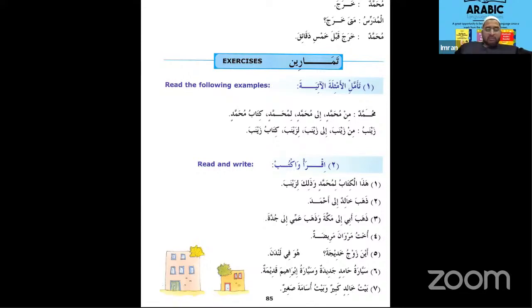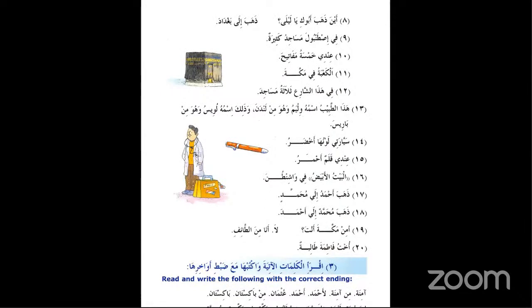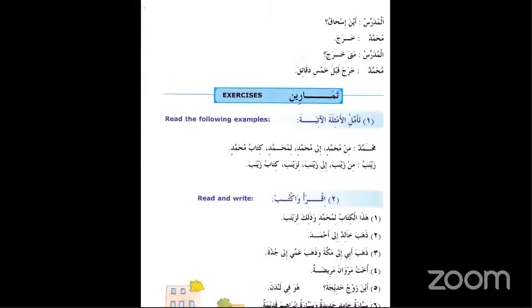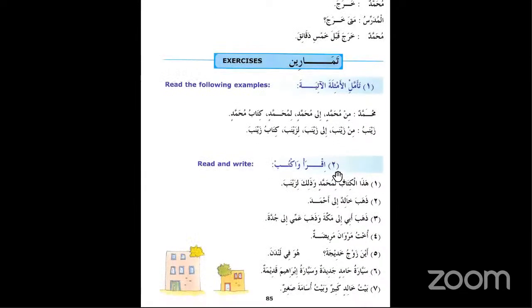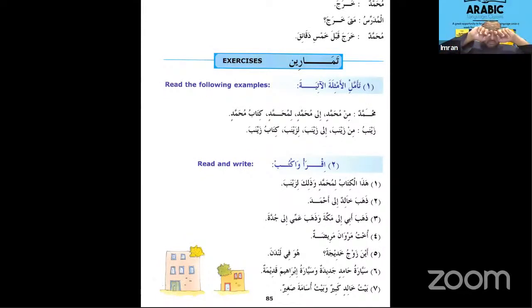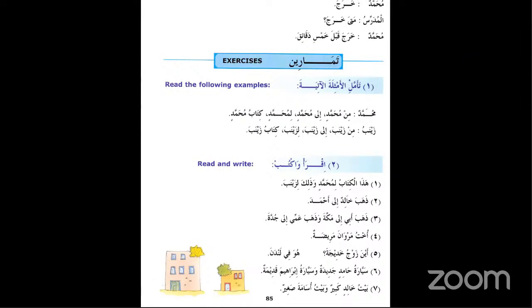Agha Hassan, Alina, 5, 6, 7. Bismillah ar-Rahman ar-Rahim. Aina zawju Khadijata? Where is the husband of Khadija? Huwa fi London. He is in London.